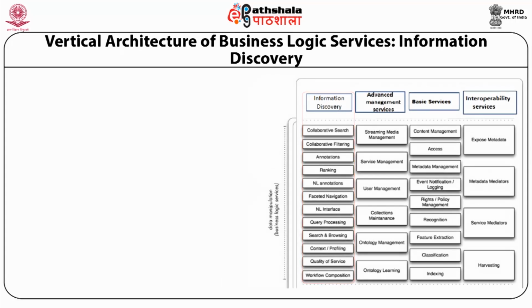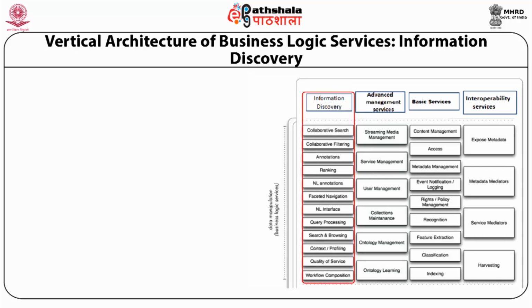Information discovery, access, search, browsing services are the services the end users interact with most often. The services implemented in this column range from enhanced search and browsing natural language interfaces, faceted navigation to community services such as annotations, ranking, collaborative filtering, and collaborative search. Additional services support context-based operations, user profiling, and overall quality of the services.